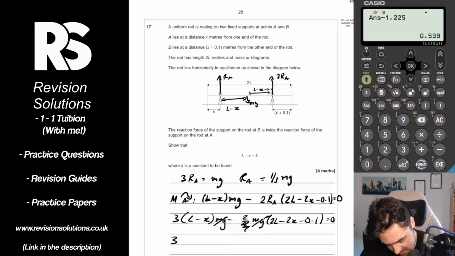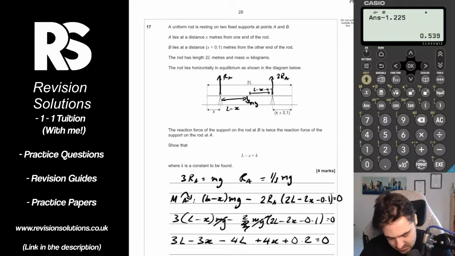So that'd be 3L minus 3x minus 2 times 2L. That would be 4L. We'd have minus 2 times the minus 2x. That would be plus a 4x. And then we'd have minus 2 times a minus 0.1. That'd be plus a 0.2.